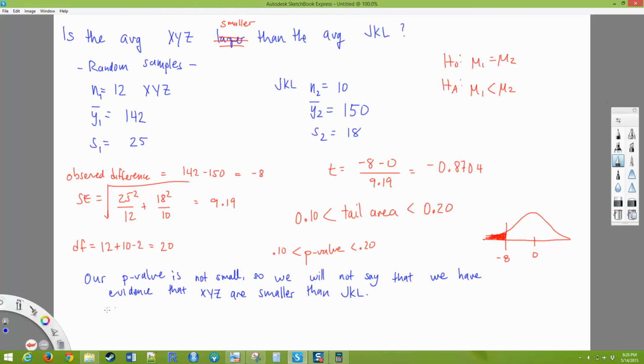So I guess in just generic forms we would say we do not reject the null hypothesis, and we can also say we do not have evidence to support the alternative, HA.